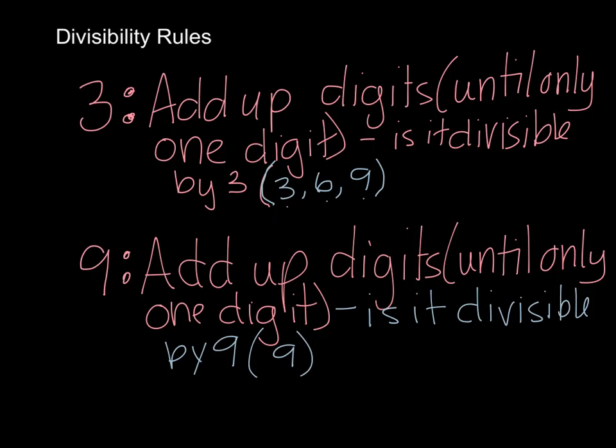Let's look at some numbers with that. So looking at these numbers and seeing if they're divisible by 3, we're going to add up the digits. Remember, digits are the single pieces that make it up. So in the number 744, you're going to add 7 plus 4 plus 4. 4 and 4 is 8. So 7 plus 8 is 15. Still not to a single digit yet.